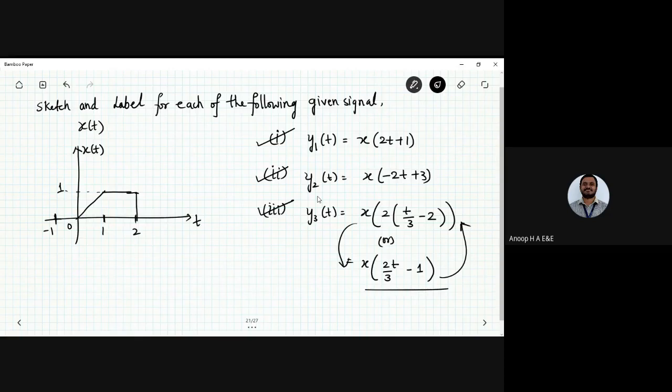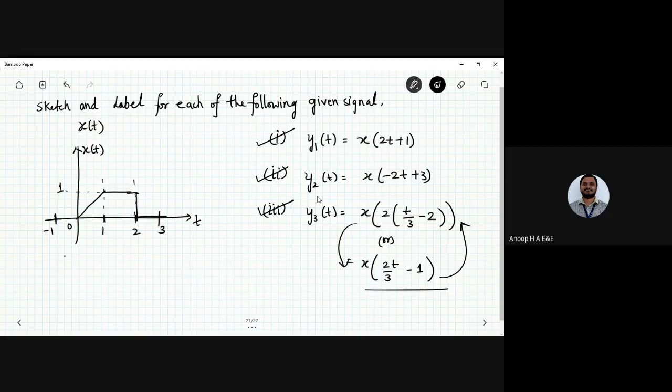So this is a given signal represented as x of t, which has an increase in the ramp, and it maintains a constant till 2. At 2 onwards, it is 0. It is 0 elsewhere.